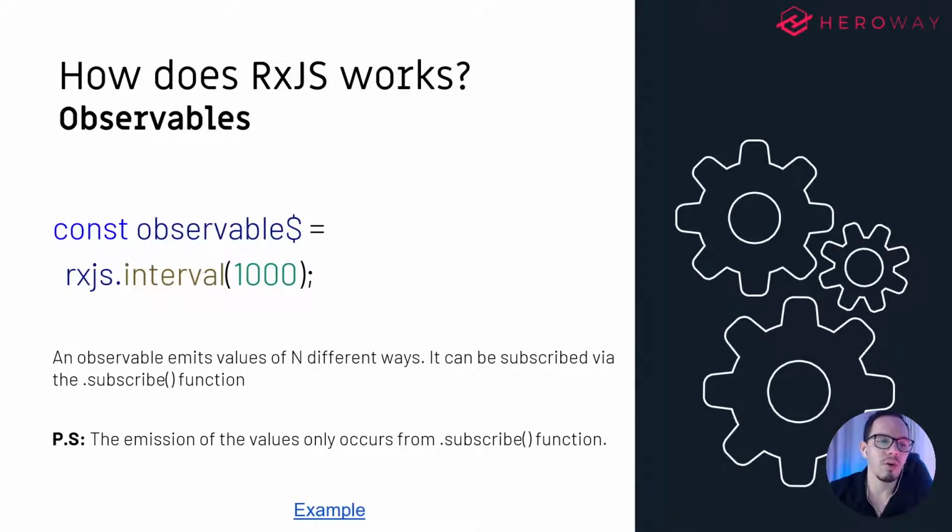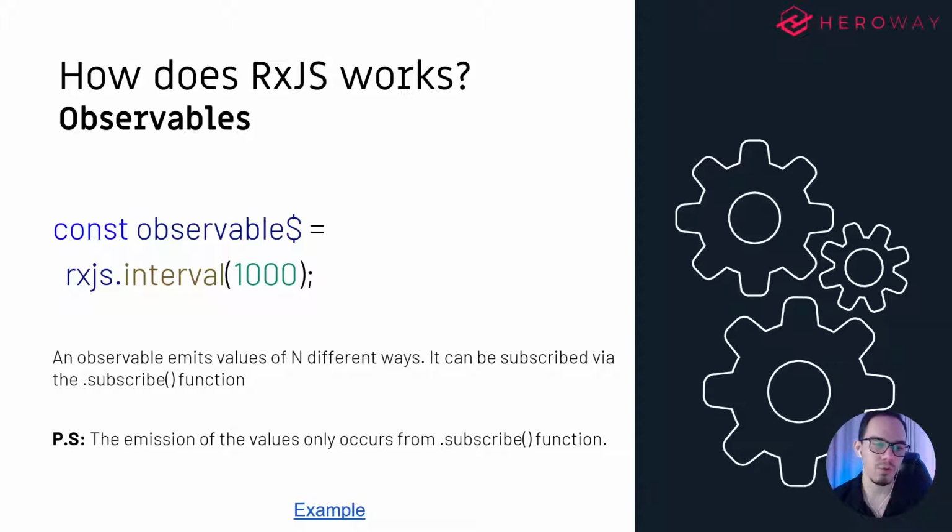Well, okay. So let's go step by step in how the observable works, in what we created in our previous slide, in some fragmented ways. The first thing that we have to know is what an observable is.